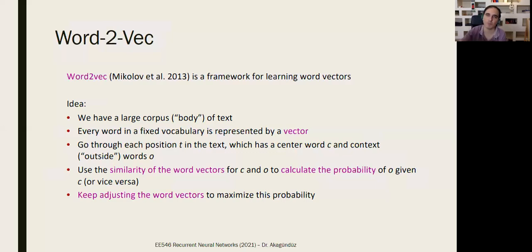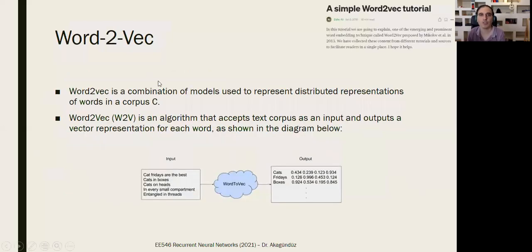Some of them use some type of approach in word-to-vec, some of them use some other type. So what is word-to-vec? Word-to-vec is a combination of models. So I strongly recommend this tutorial, guys. I've seen it because in order to understand what it was, I just had to read it. It's from Medium. In the last part of the slides, I've got reading suggestions. Remember, this one is there.